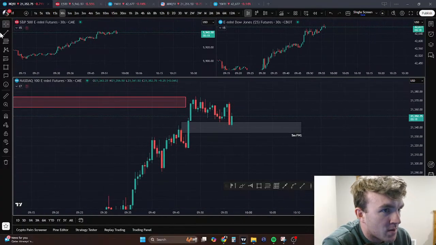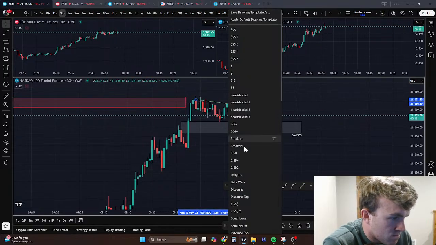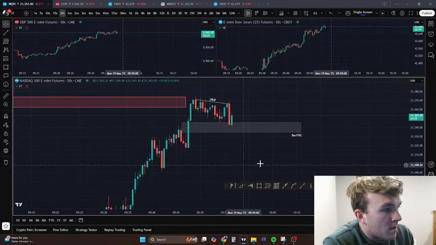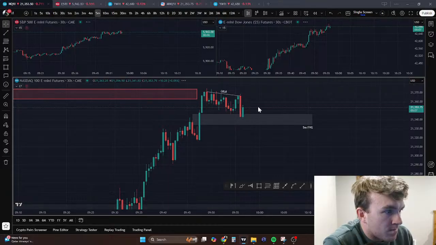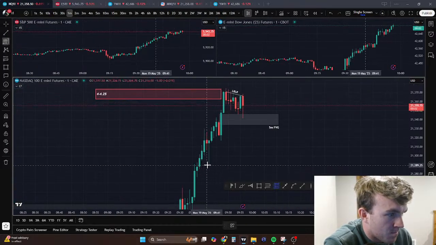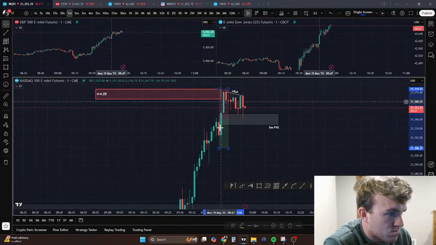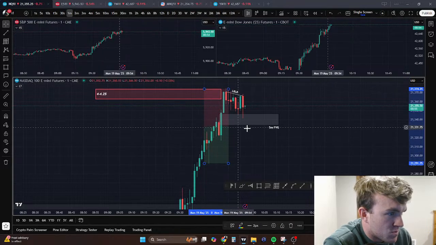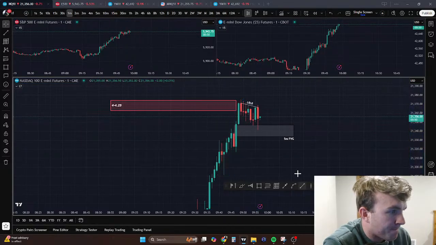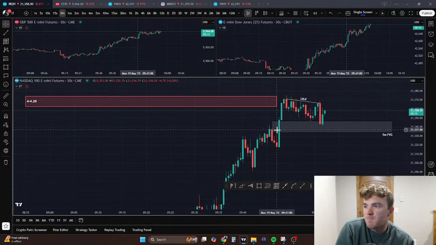Okay, we're generating liquidity now. We might need to rebalance this. Maybe we'll rebalance to this. Nothing obvious though.